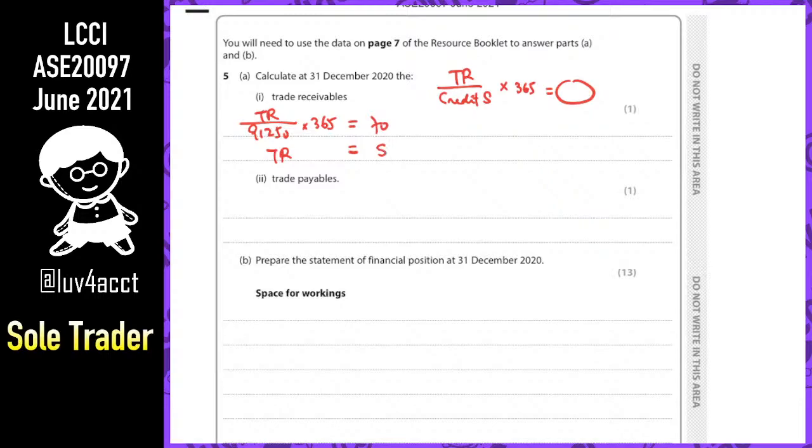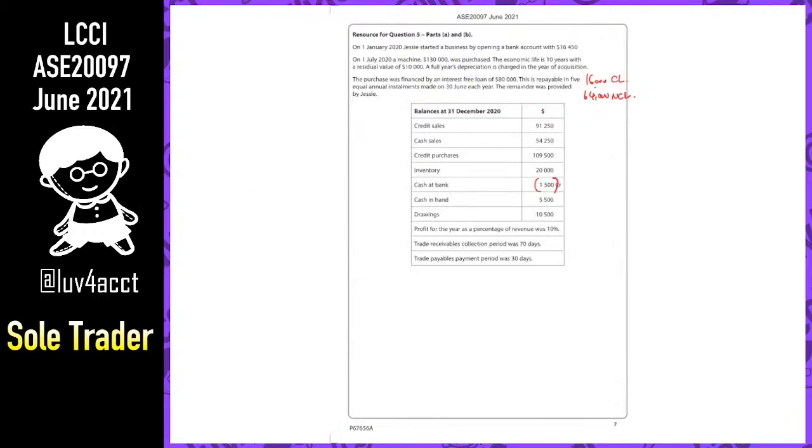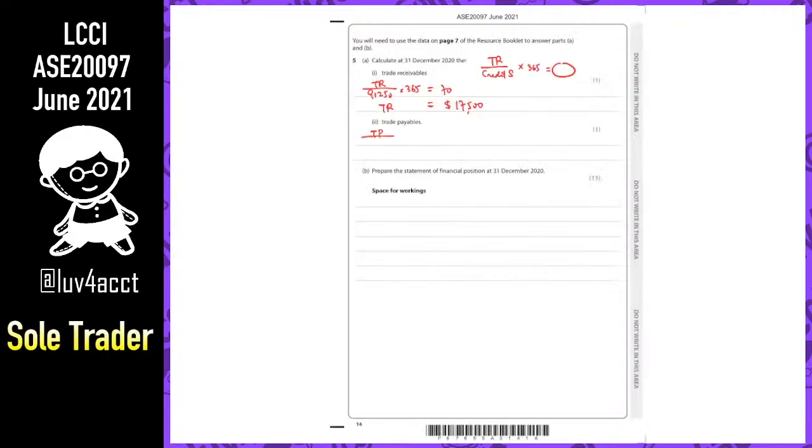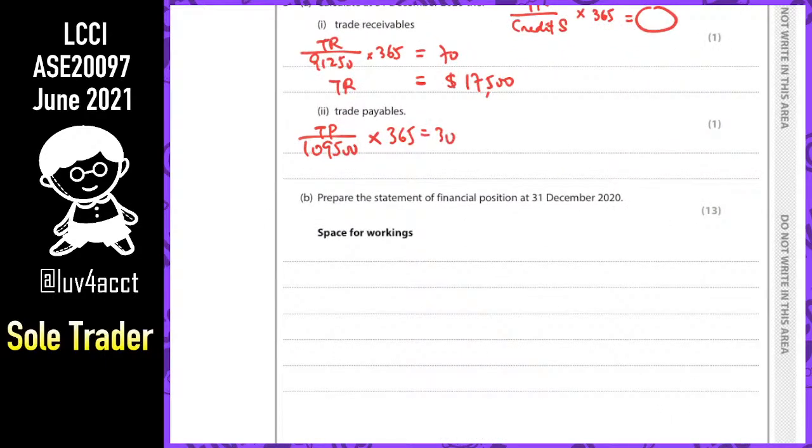So you have 17,500. Trade payables over credit purchases, 109,500, times 365, 30 days. So 30 times 109,500 divided by 365 is equal to 9,000.